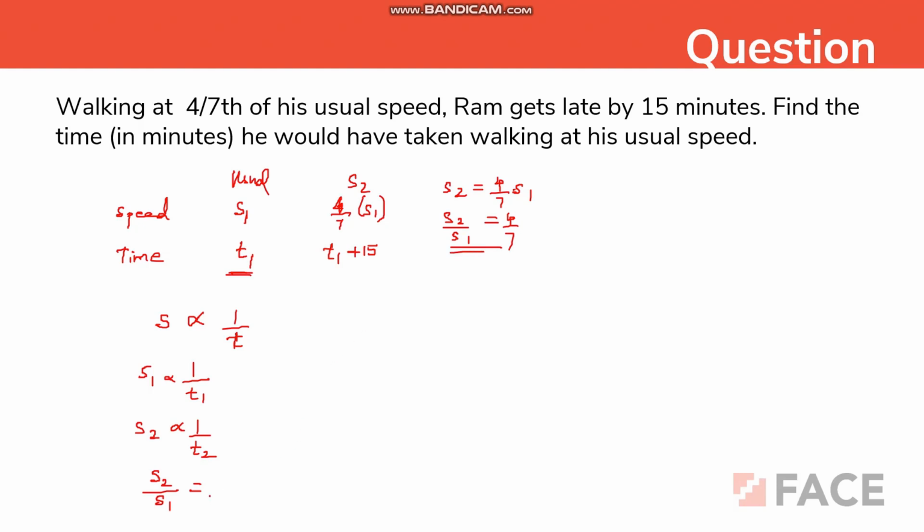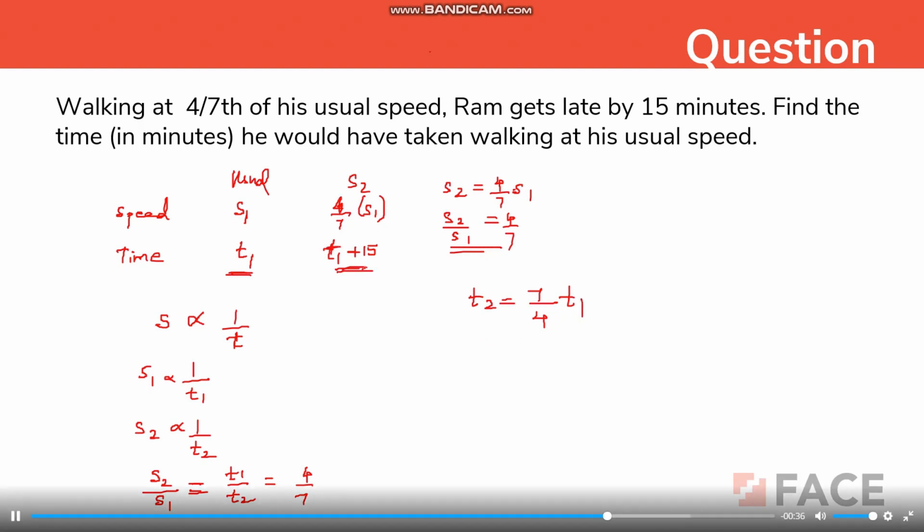Substituting this value in this proportionality equation, S2 by S1 will be equal to T1 by T2, right? Because they are inversely proportional. So T1 by T2 is equal to 4 by 7, right? So from this we can say T2 will be equal to 7 by 4 of T1.